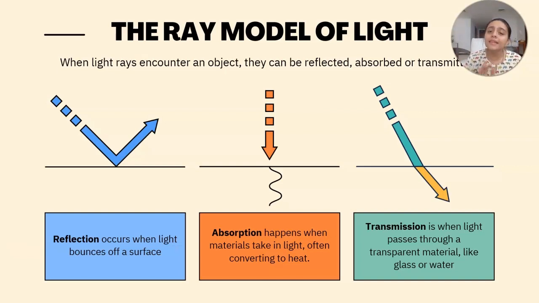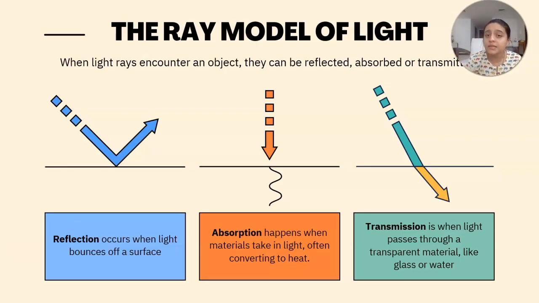The third one is absorption. This is when the light is absorbed by the object it falls on, like our sunglasses, the shades we wear in the sun. Why do we wear sunglasses?